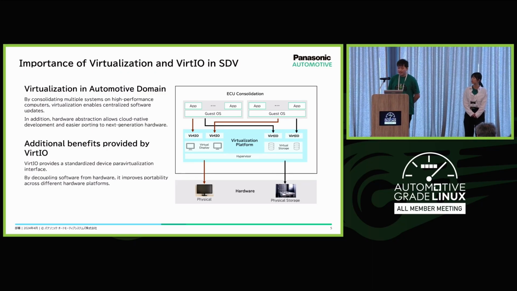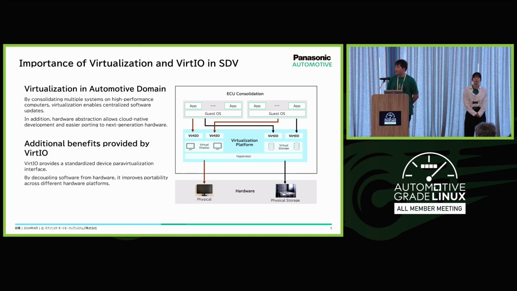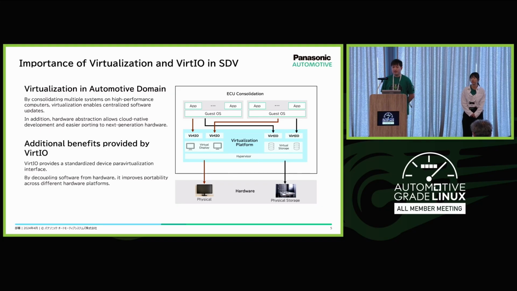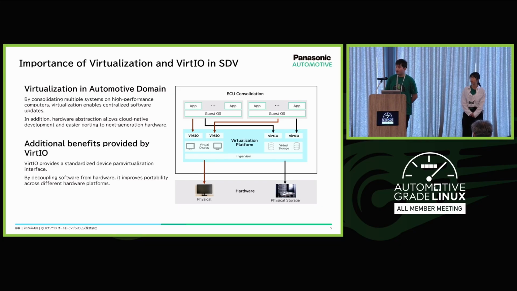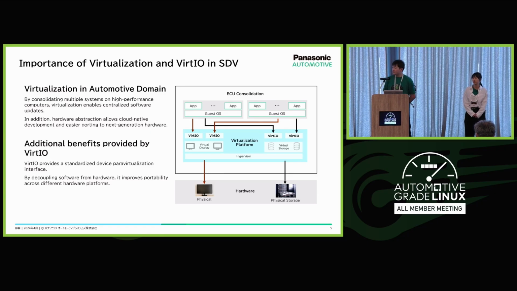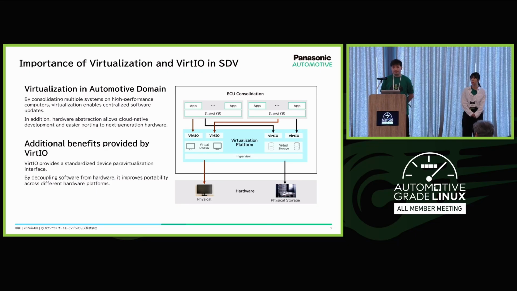In addition to that, hardware abstraction provided by virtualization allows software to be developed and validated in an environment different from the actual vehicle hardware, such as cloud, and this achieves cloud-native development. And this also makes it easy to port software to the next generation hardware.